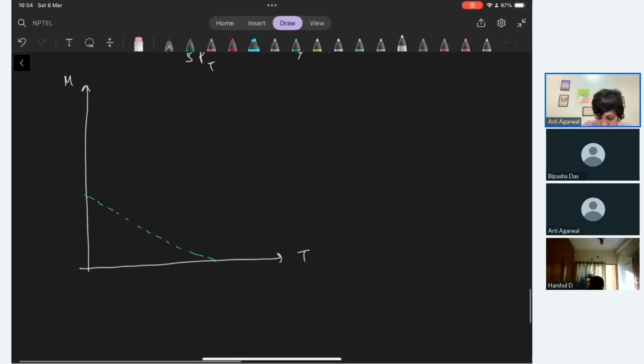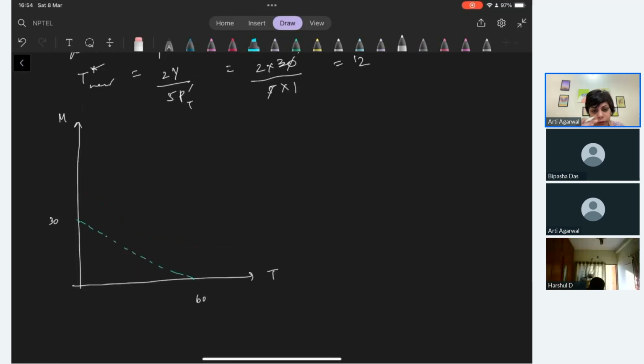Let's say this is like 16. This is 30. And we know that this is sort of like a hyperbolic function. This is the part which I have to be a bit careful. Okay, this is the initial thing.